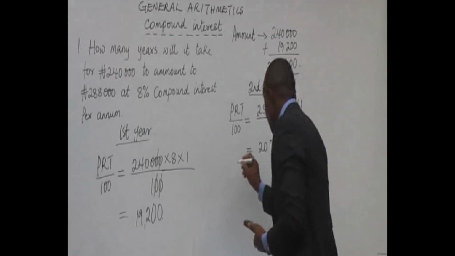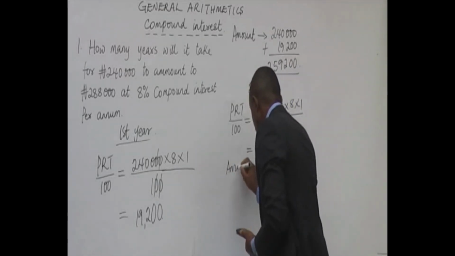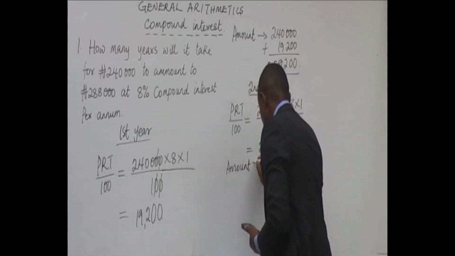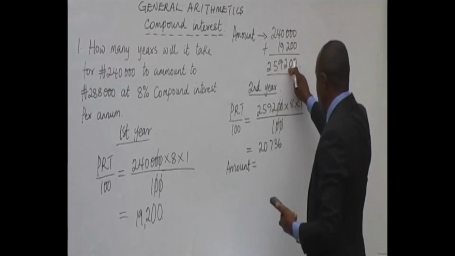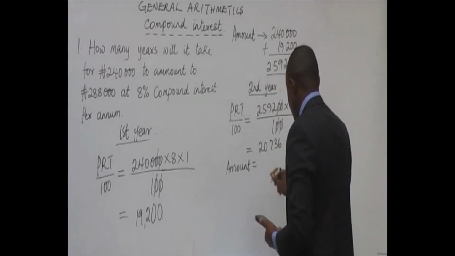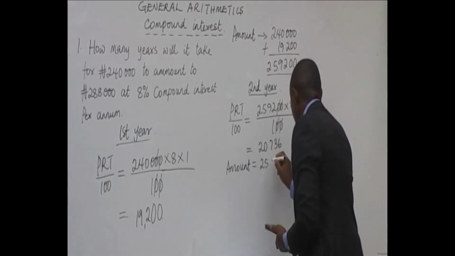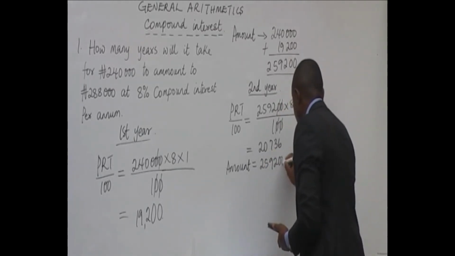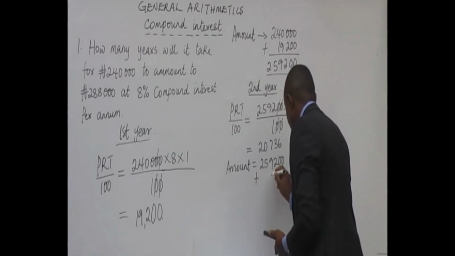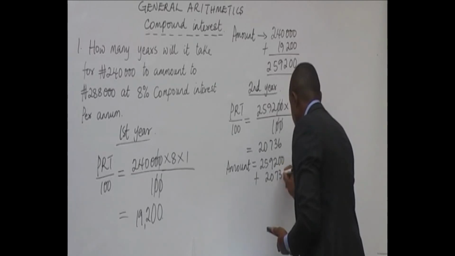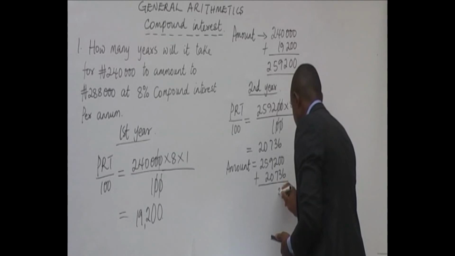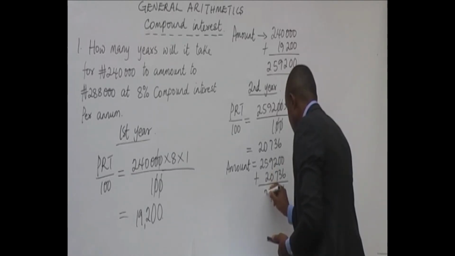Then the amount after the second year is going to be this principal for the second year plus the interest, 259,200 plus 20,736. Simple arithmetic: we have 279,936.